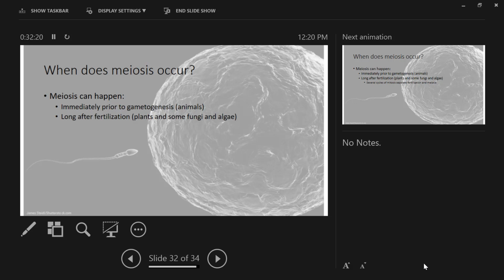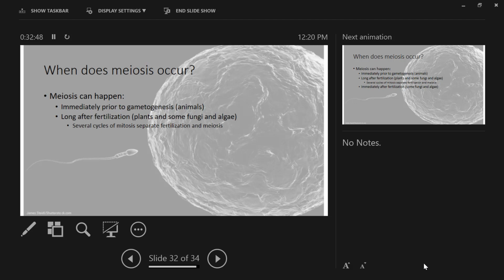Now, in plants and some fungi and algae, it happens after fertilization. So you'll get your diploid plant stage that will undergo meiosis to make the haploid stage of the plant. You get this alternation of generations.